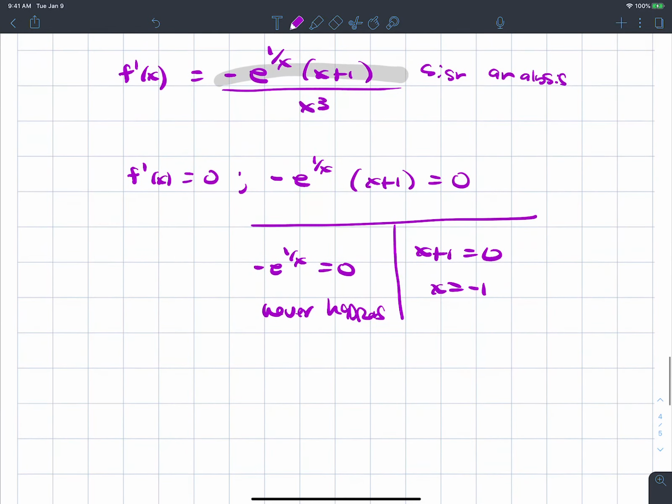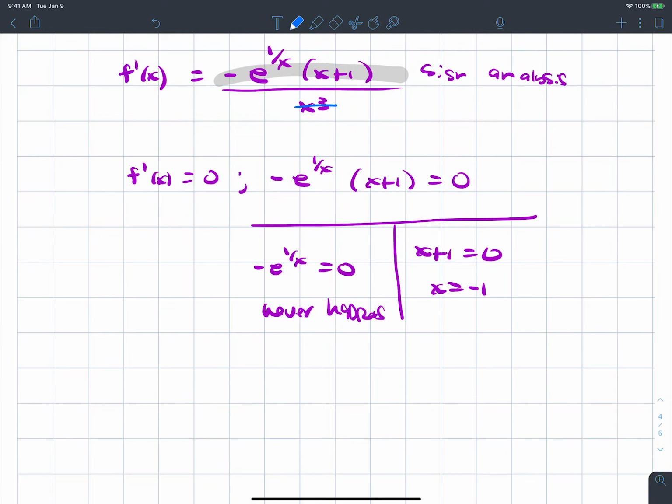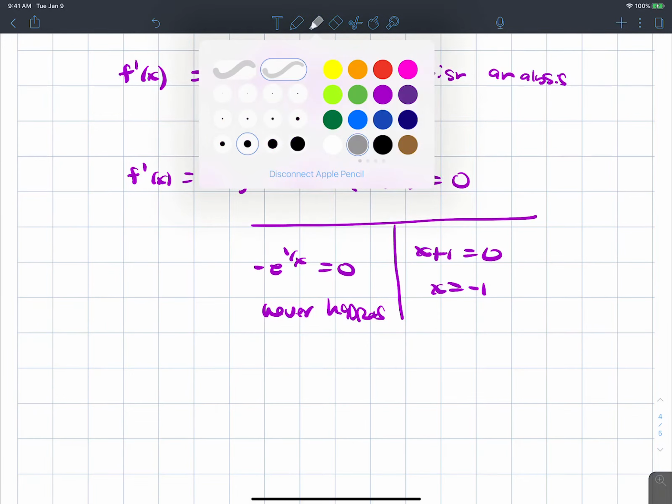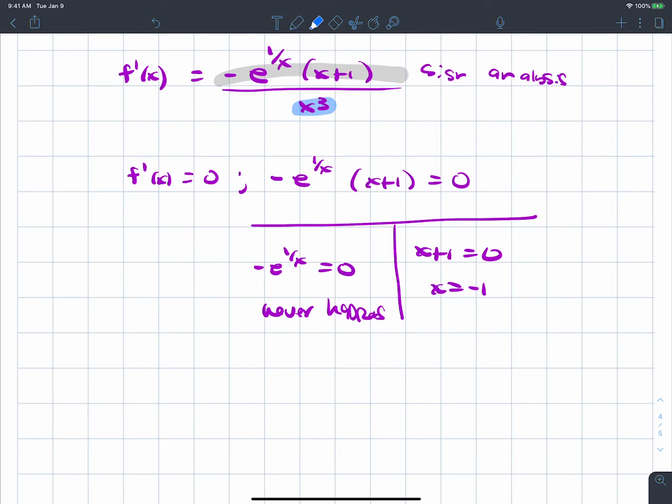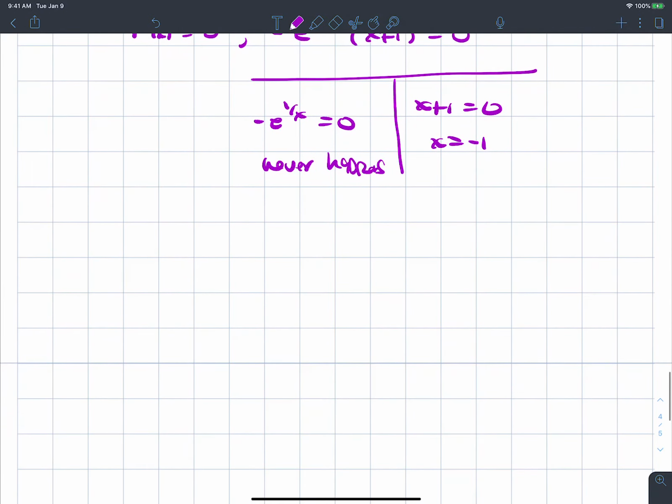The second part of this is, where is this actually undefined? We want to highlight that. Well, that's when x cubed is 0, so the derivative does not exist. That happens when x is 0, because x cubed is 0 when x is 0.